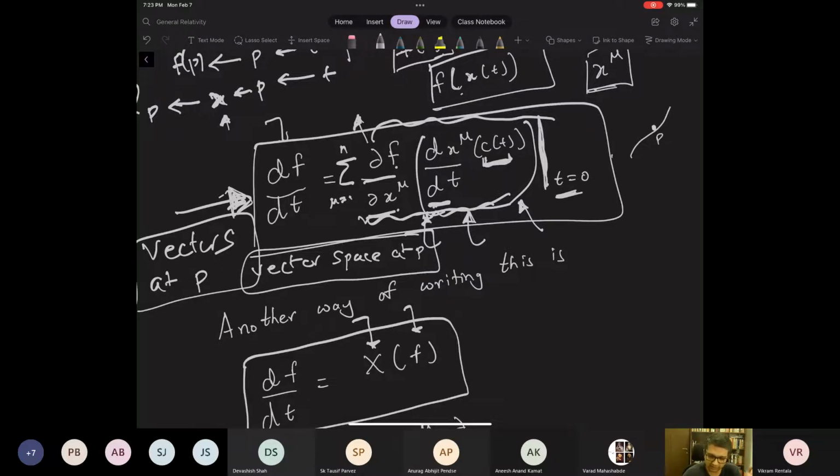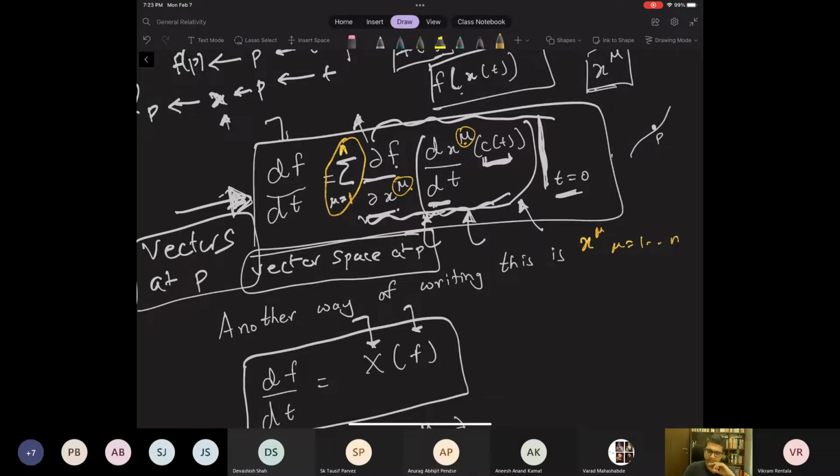It's similar to the special relativity convention of repeated indices being summed. This is the Einstein index summation convention. I'm going to drop these summation signs, but whenever you see a repeated index, that means there's a sum over all the indices, mu from 1 through n. Why n? Because there are n coordinates, where mu goes from 1 through n, describing the coordinates of any point.